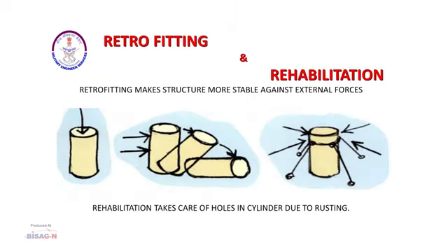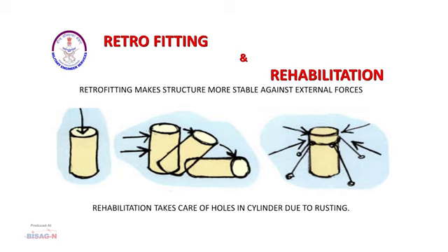There are two terms, retrofitting and rehabilitation, which are used in conjunction by most engineers, but we need to differentiate between the two. When the structure is made stable towards the forces for which it was not initially designed, it is known as retrofitting. However, when the structure's initial strength is restored, it is called rehabilitation.